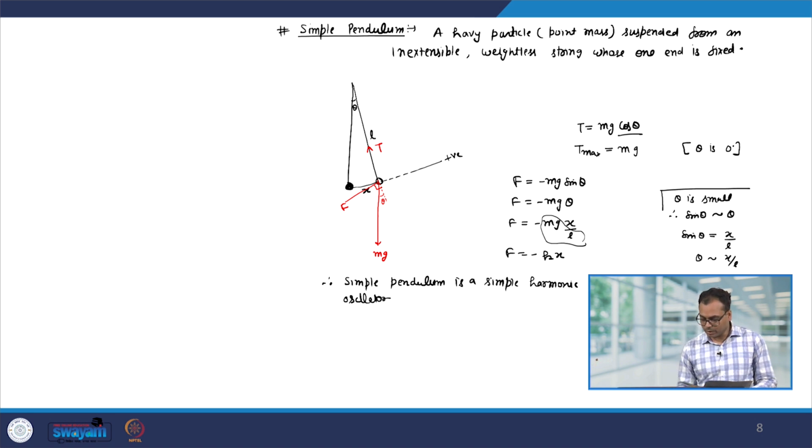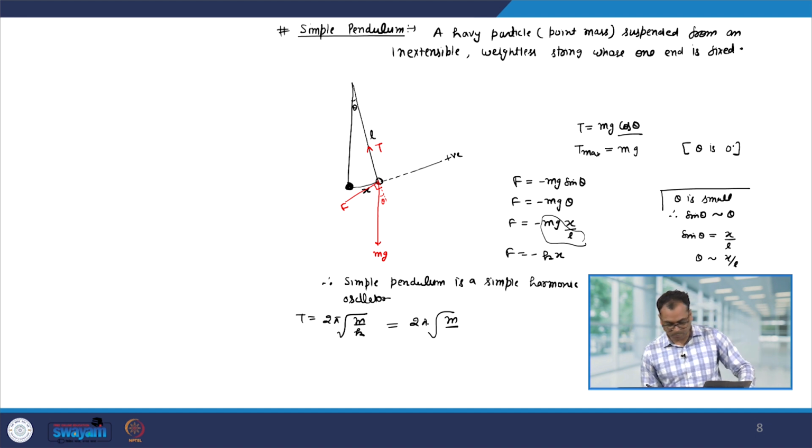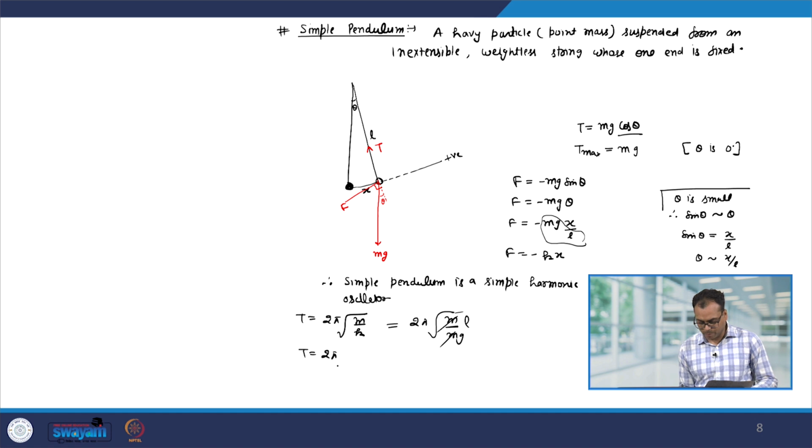Now, we know for the simple harmonic oscillator, the time period T is 2 pi square root m over k. Now, let us put the value of k, which is mg over L. Okay. So, m will get cancelled, you get T equal to 2 pi square root L over g, which is a very famous result.